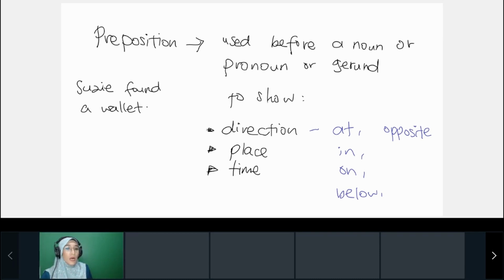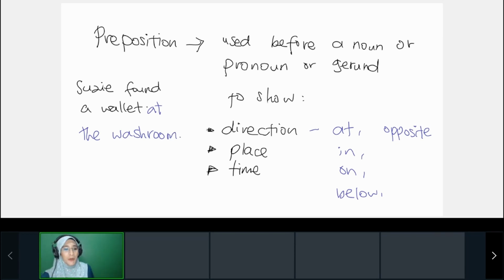Susie found a wallet. Maybe you want to use at. Susie found a wallet at the washroom. Just random.